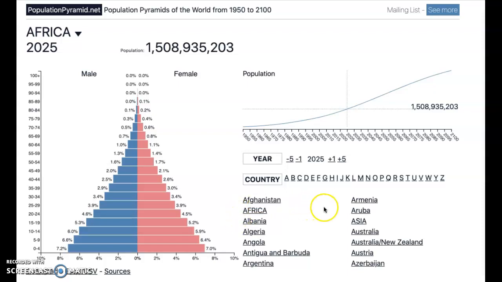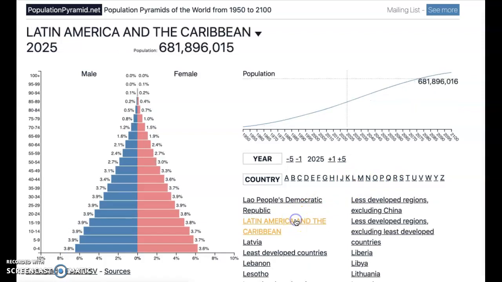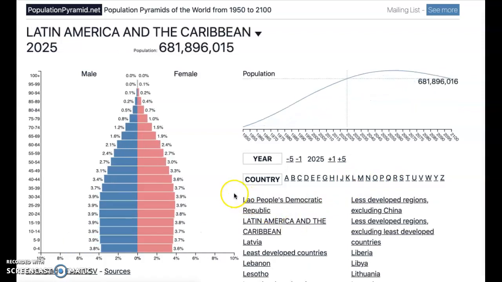Okay. We'll lastly look at another region here. Let's look at Latin America and the Caribbean, a little bit different. So Latin America's population pyramid, as we can see here, is narrowing, reducing their birth rate, and other things are happening there that would create a population pyramid like this.